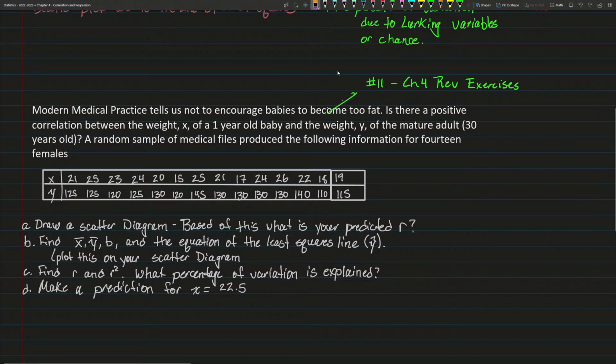So this question says, modern medical practice tells us not to encourage babies to become too fat. Is there a positive correlation between the weight X of a 1-year-old baby and the weight Y of the mature adult 30 years old? A random sample of medical files produced the following information for 14 females, right? So X, that's going to be the weight of the 1-year-old.